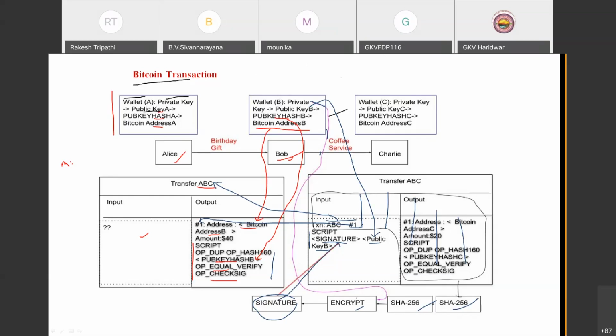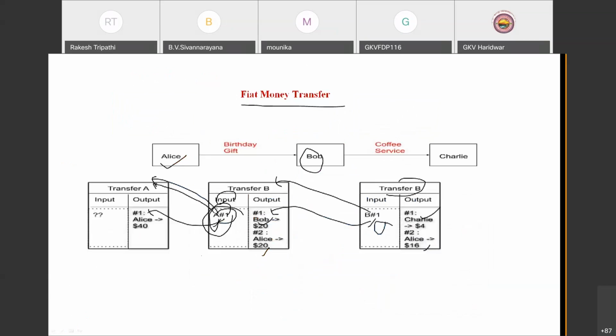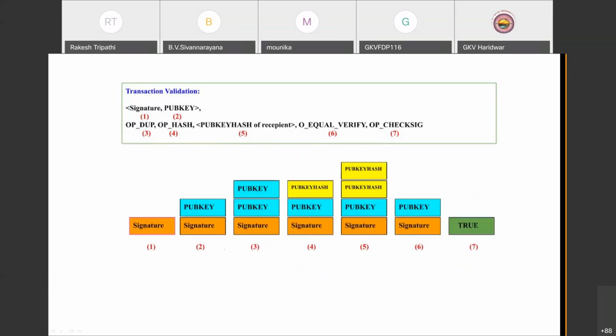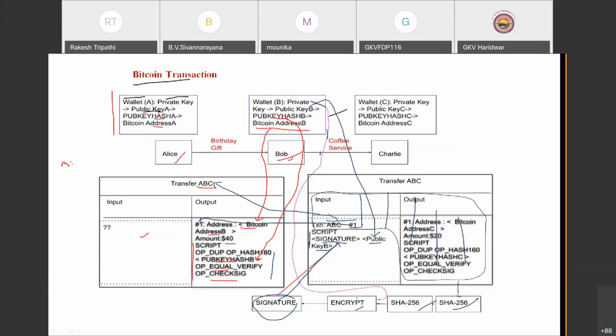What does it mean? It means that this 40 Bitcoin can be spent by someone whose public key hash is this, and who also has the corresponding private key for that public key. We'll see that, don't worry. So I say that this transaction is valid.